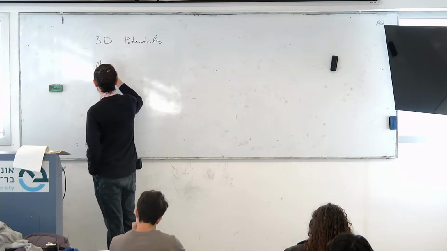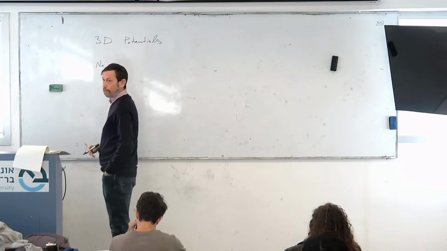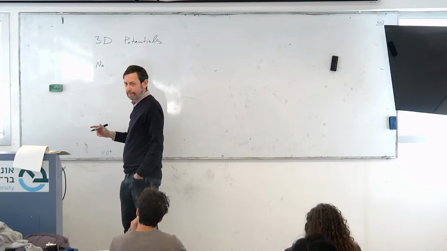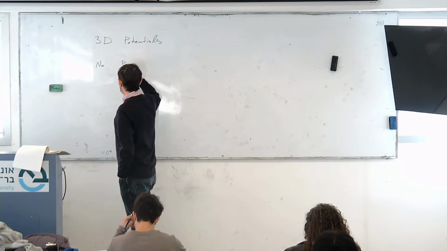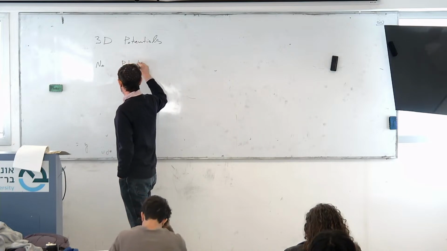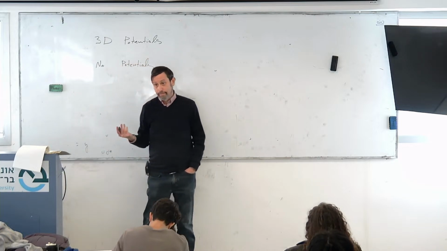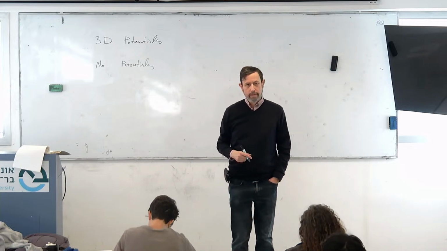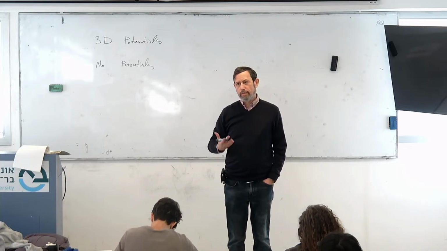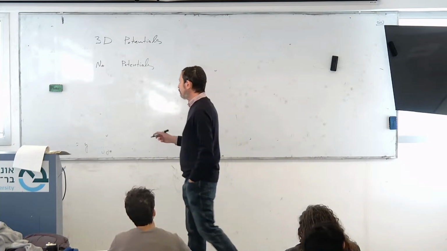So the easiest case of 3D potentials is no potentials. Right? But truth be said, we have solved it already. What do we know from 1D?